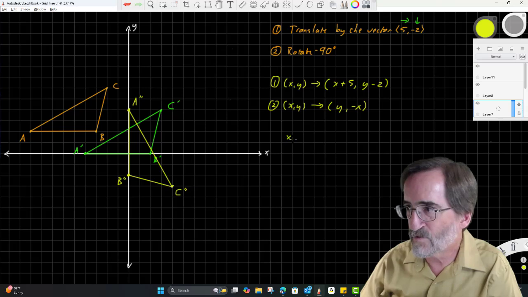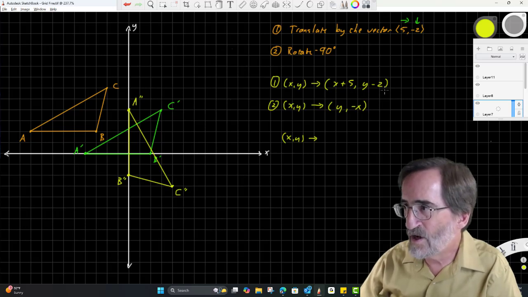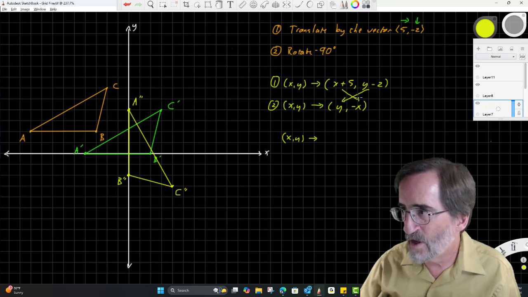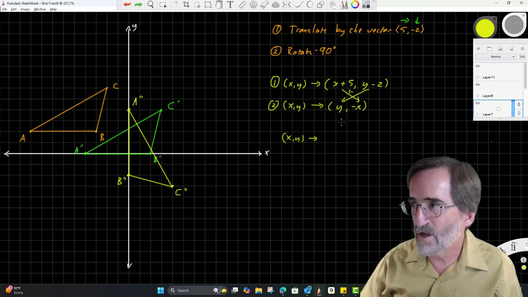So I'm going to say (x, y) becomes... x plus 5 has this applied to it. We switch the y and the x, and we change the sign on the x. So this y gets switched, and this x gets switched and negated, changed to a negative.